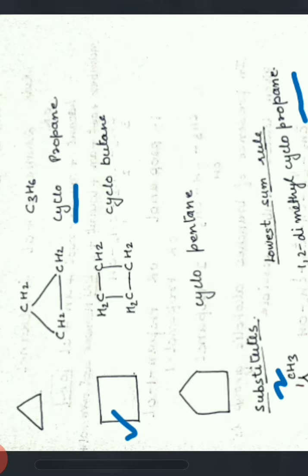Cyclobutane is C4H8. And if there is a substituent, any of the hydrogens is replaced, so the substituent is taken as a replacement of hydrogen, and we take the parent compound as and when required. So the name becomes 1,2-dimethylcyclopropane for this compound.